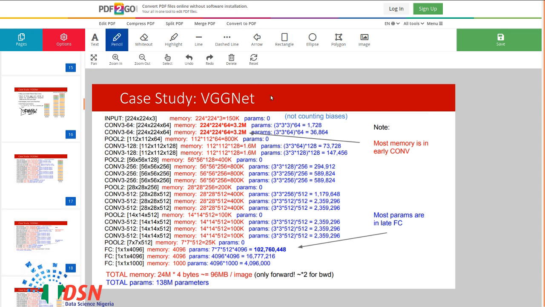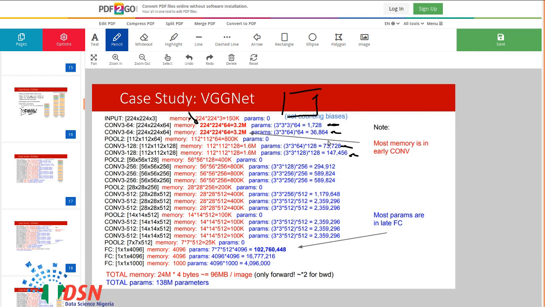So the most memory usage is in the early convolutional layers, because the image is large and we want to apply 64 filters to the image. So the number of operations that we should use is a lot, but the number of parameters, as you could see in here, is not actually so large.